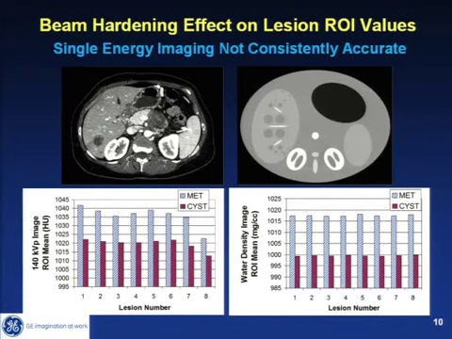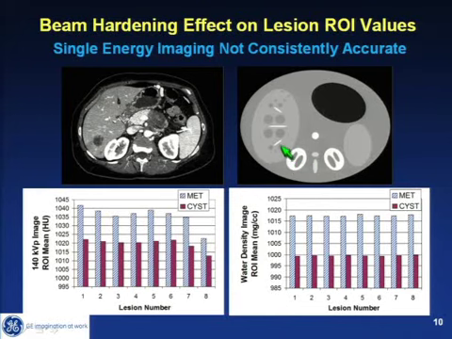Here is an illustration of a phantom study. This is a patient kidney scan where the phantom here is trying to mimic the kidney. Typically, in conventional CT, the CT number varies depending on the amount of contrast present in the kidney due to the beam hardening effect.